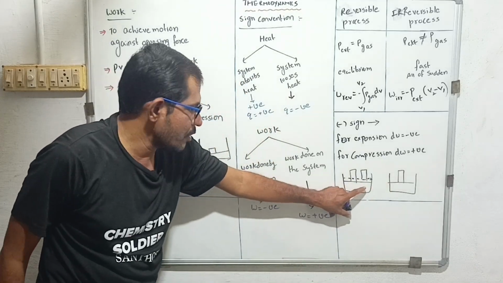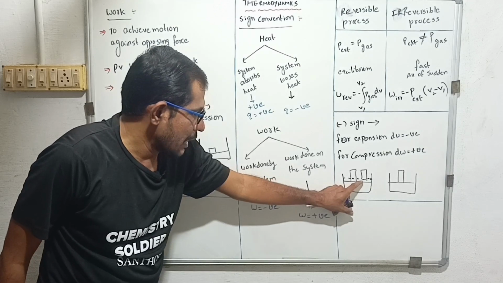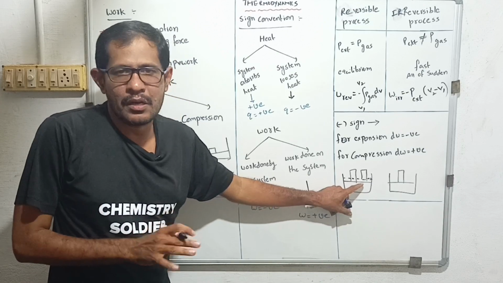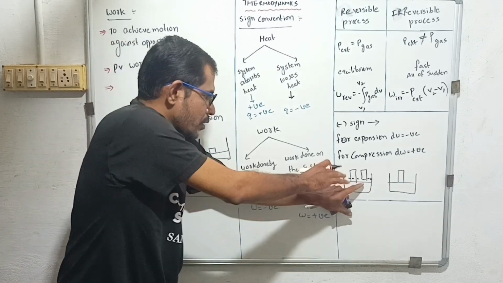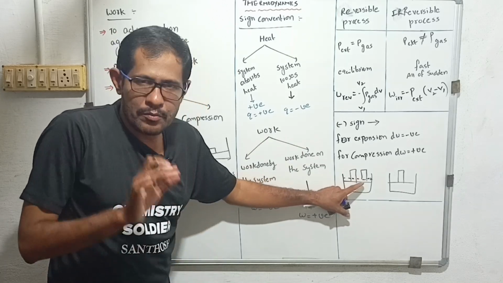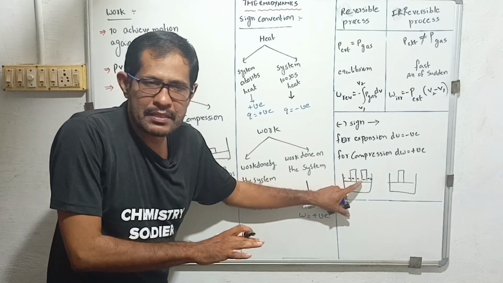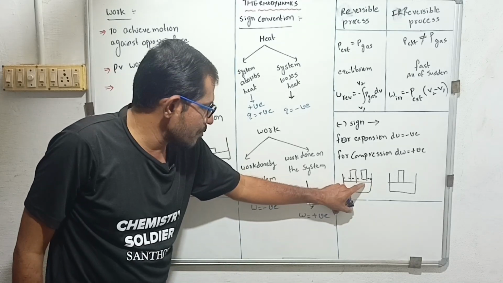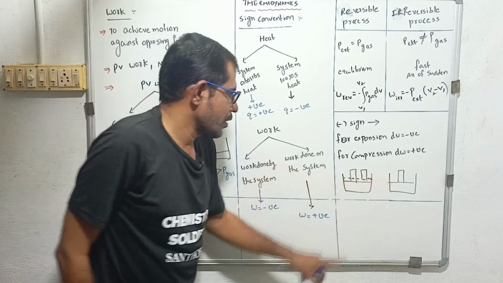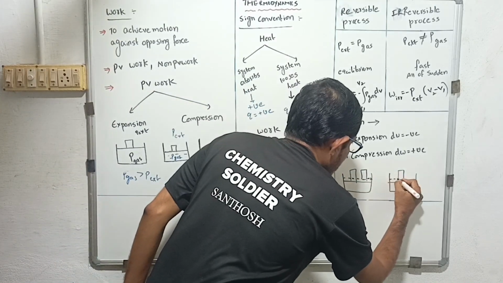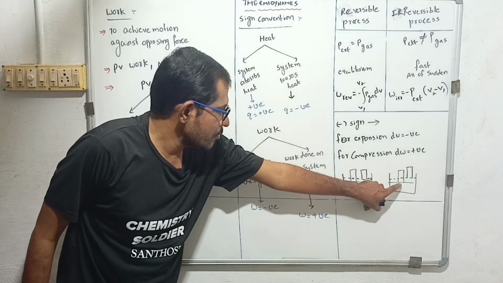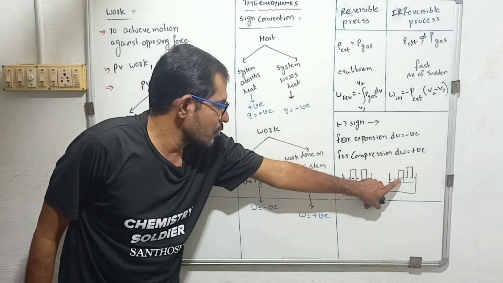Assume that expansion is happening; it may be compression or expansion, but I have taken expansion to help you understand better. The piston movement is happening from the solid line to the dotted line.